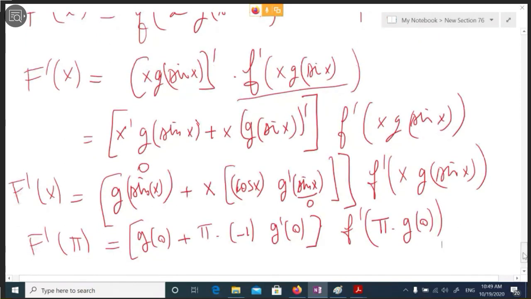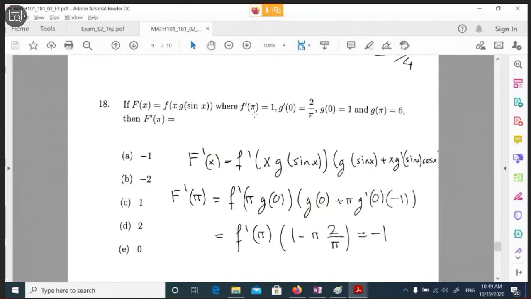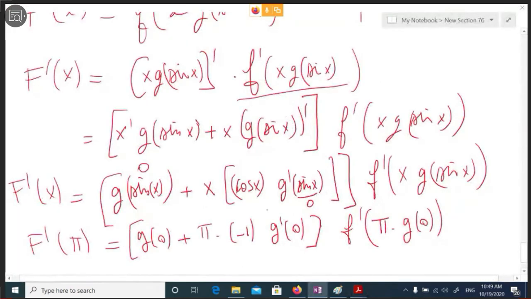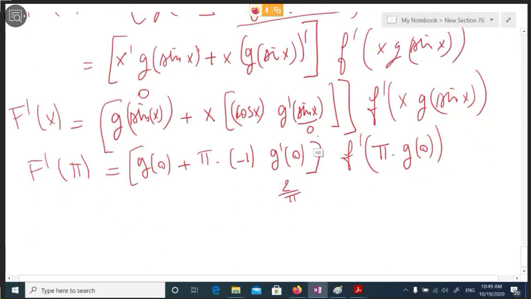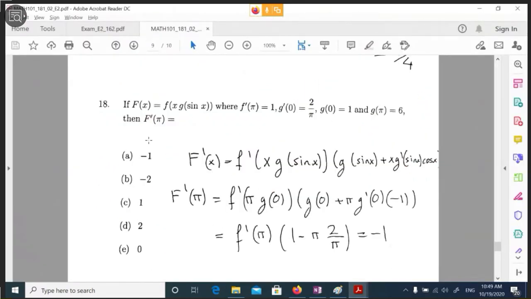Okay, now let's go back to the question. F prime of pi is 1, g prime of 0 is 2 over pi. Where is g? So here you have 2 over pi. G of 0 is 1.